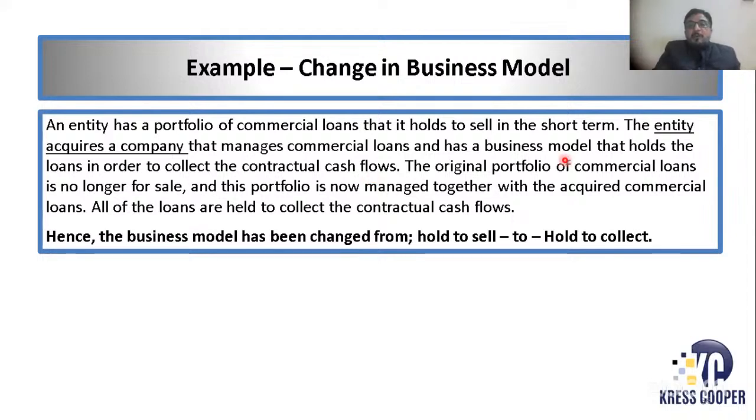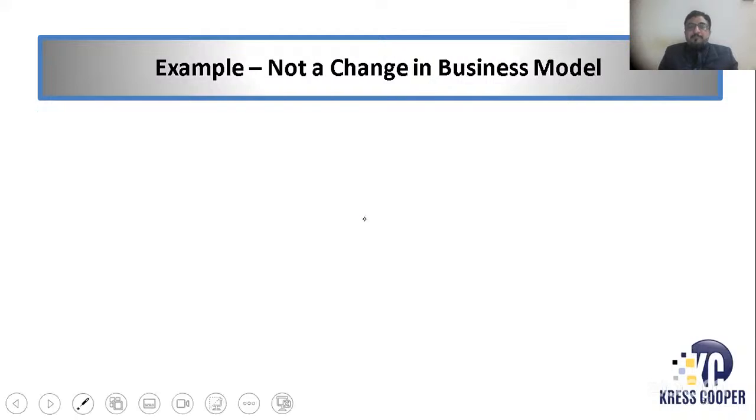The original portfolio of commercial loans is no longer for sale, and is now managed together with the acquired commercial loans, all held to collect the contractual cash flows. So here the business model is changed. So yes, the business model can be changed.